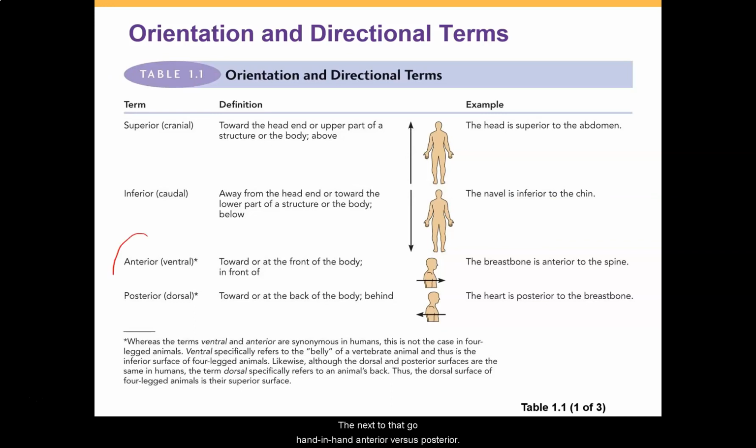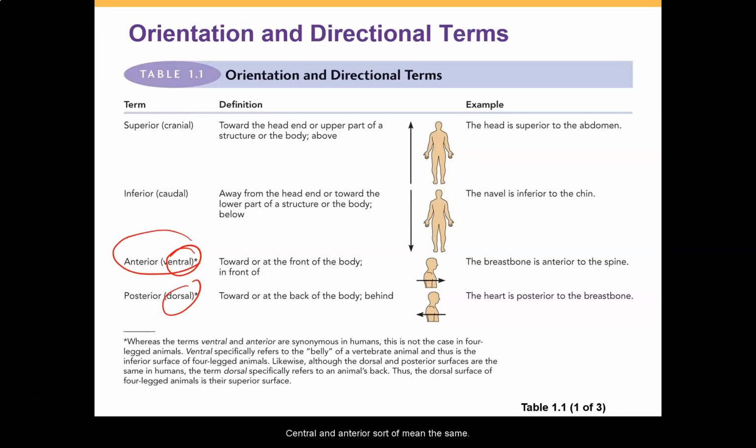The next two that go hand in hand, anterior versus posterior. Anterior means closer to the front. Posterior means closer or towards the back. In a similar fashion to cranial and caudal, here in parentheses, ventral and dorsal.